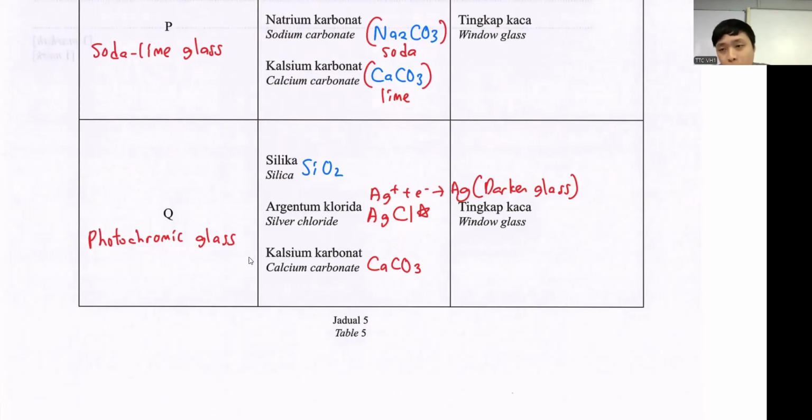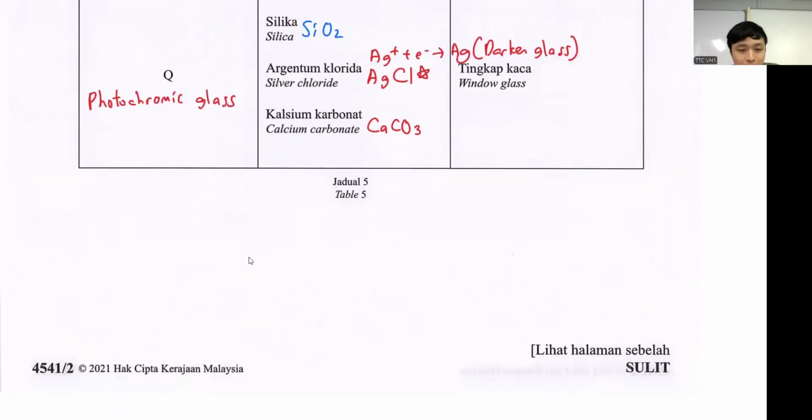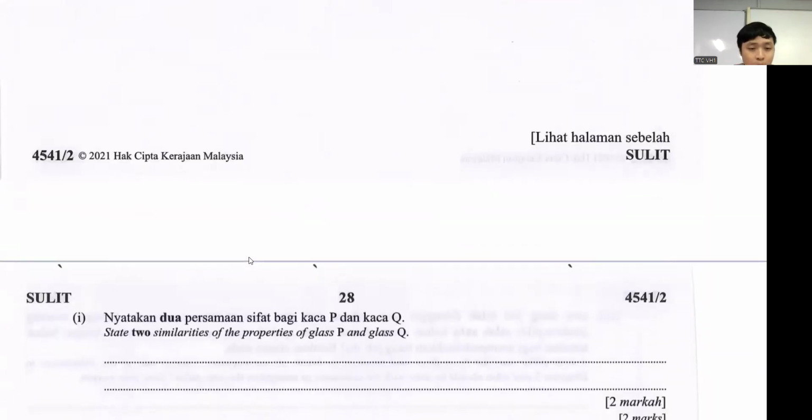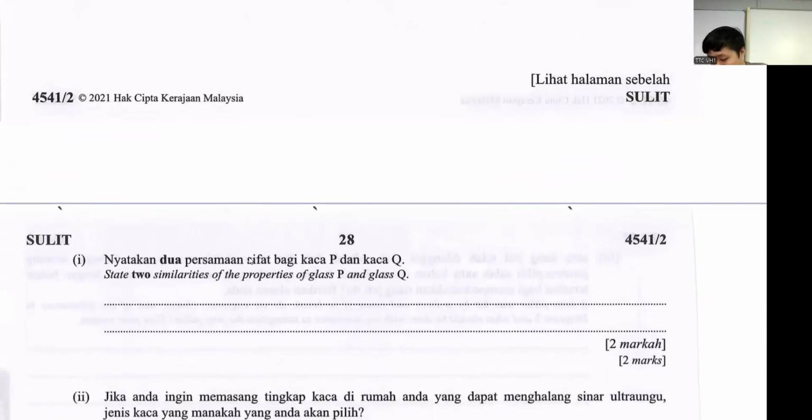It is also applied to car windows, building windows, office windows, this kind of thing. So, state two similarities of the properties of glass P and Q. Quite simple. Chemically inert, yes. A lot of things you can say.